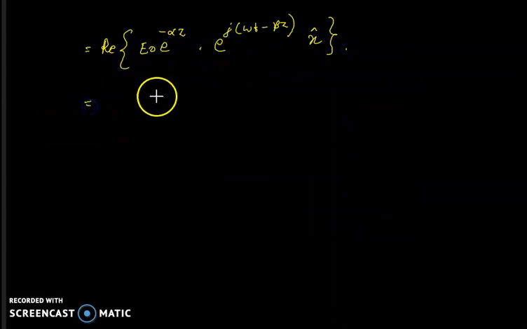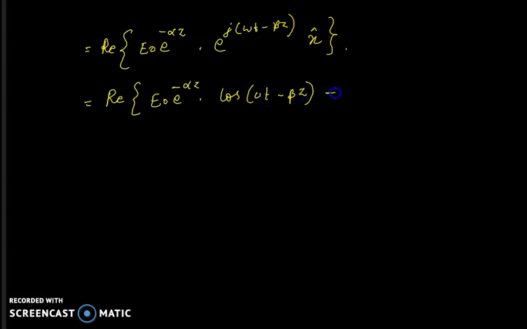We can represent this function as E naught e power minus alpha z times, since e power j theta is cos theta plus j sine theta, cos of omega t minus beta z plus j sine of omega t minus beta z, along x.